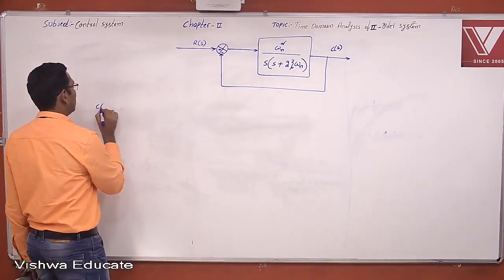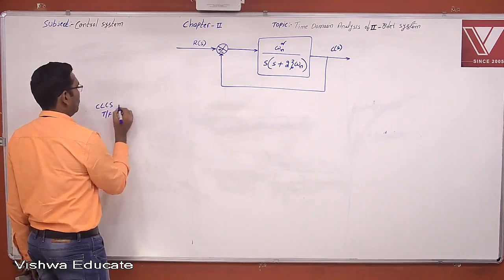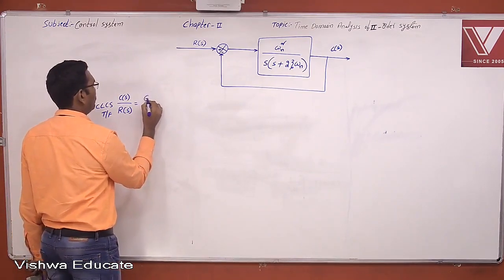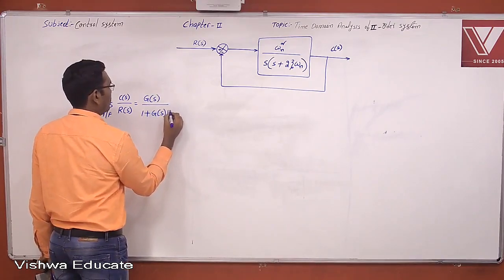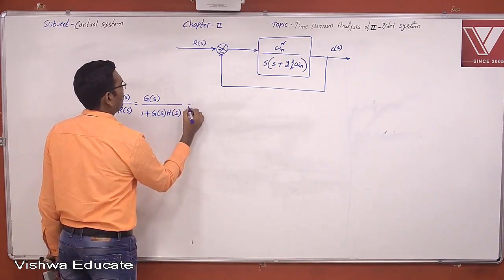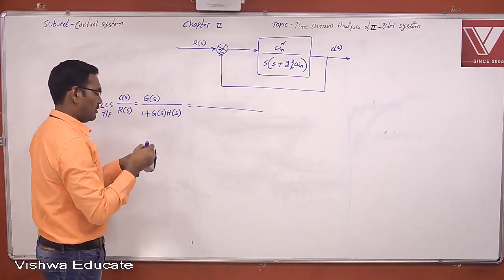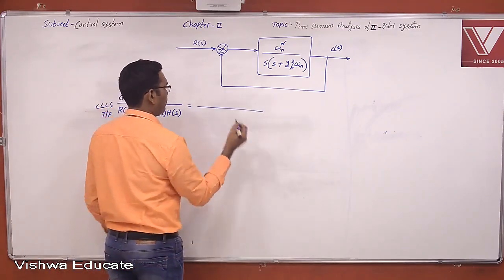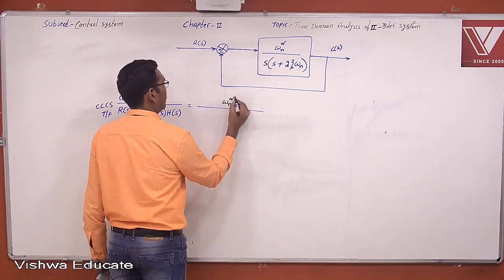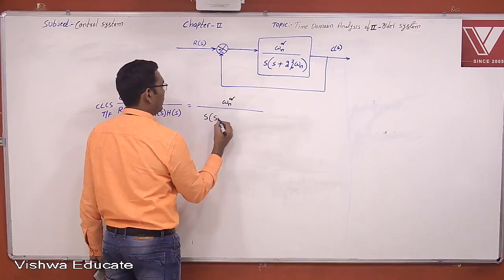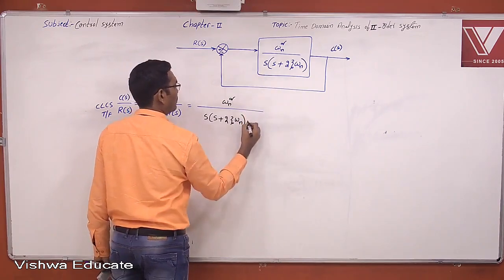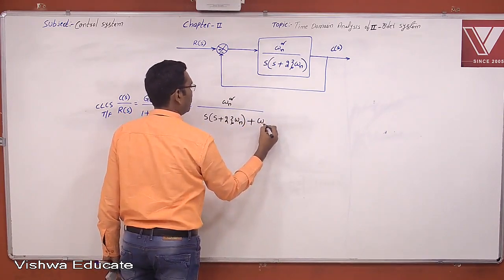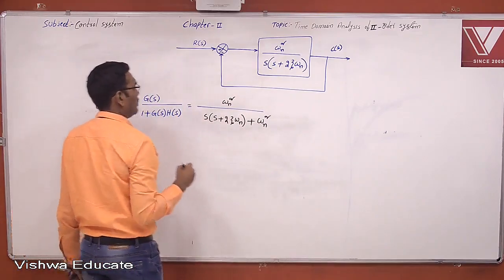Now the closed loop control system transfer function, C of S by R of S, is equal to G of S by 1 plus G of S into H of S. Now in the closed loop control system transfer function, numerator is the numerator, and denominator is the denominator of the open loop transfer function plus the numerator of the open loop transfer function. This should be the closed loop control system transfer function.